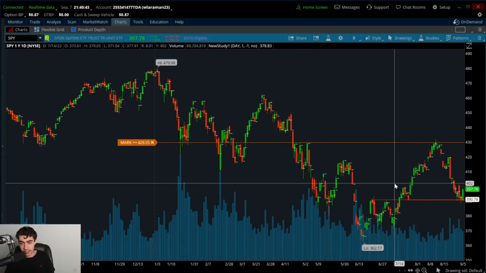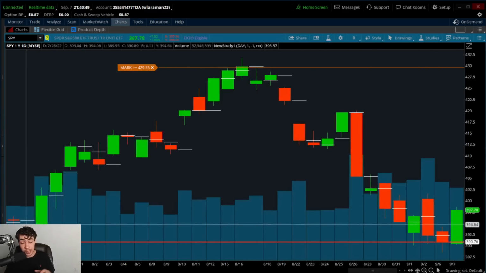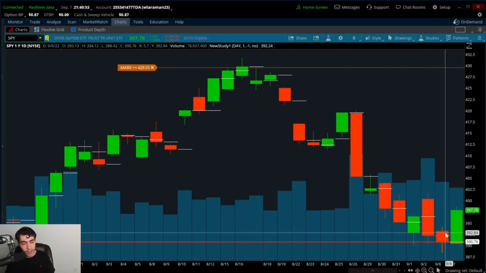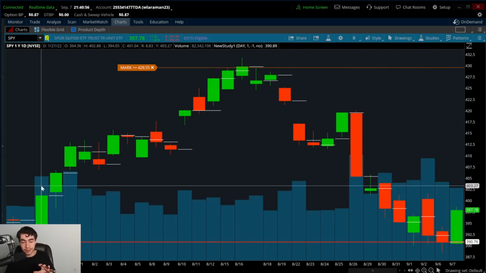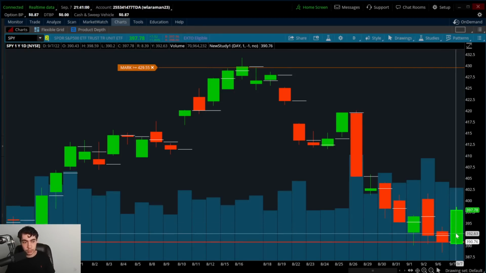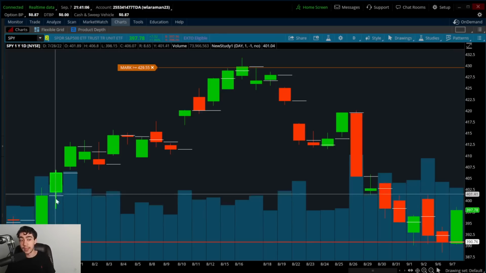And one of the reasons why I'm saying it's bullish is because of the way the chart looks. I'm looking at the daily chart here, and I'm saying, okay, we got this red candle right here. What happens after that? We have this very nice green candle with a strong close. And then you can see the next day, right here on July 28th, it had a very bullish day.